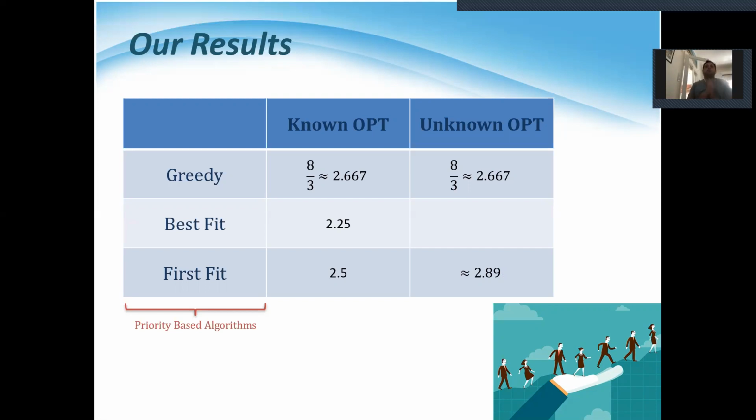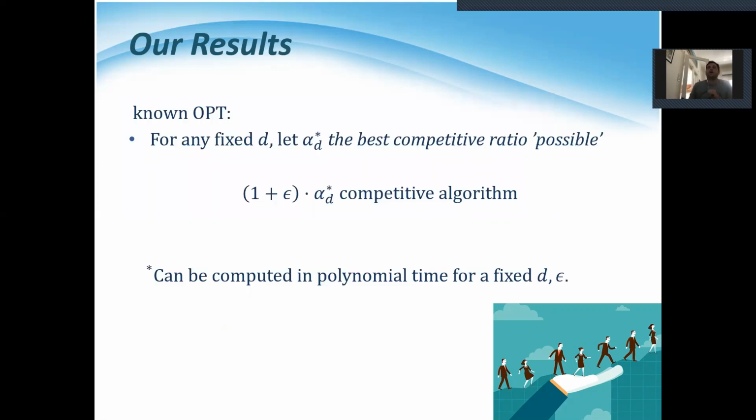Okay, so we use our scheme in order to analyze all this priority-based algorithm. And moreover, we show how to extend this approach to the limit and found a theoretically really interesting result: that one can achieve, for any fixed D and for any epsilon, almost the best competitive ratio possible.